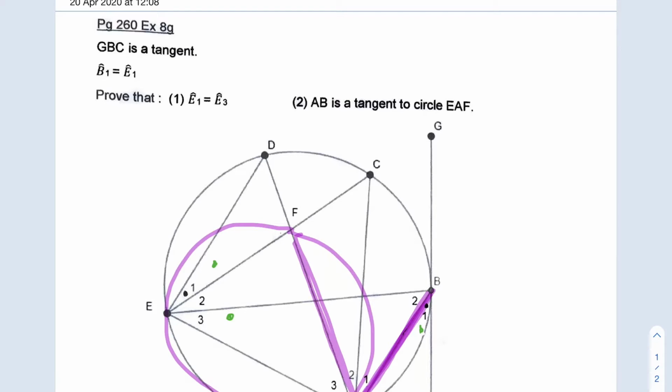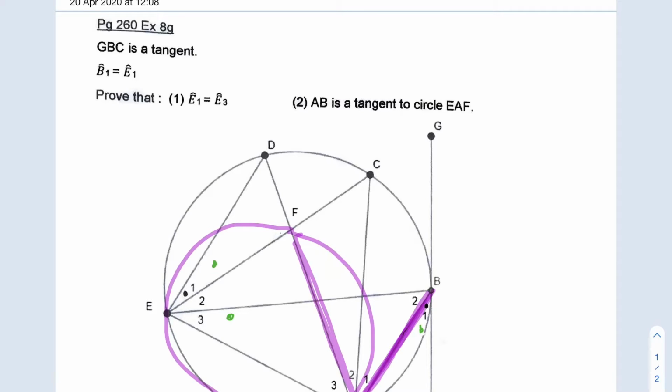So it's very useful to work out which angles we're actually trying to work with. There's no center here, so I can't use the converse of the radius 90-degree tangent theorem, but I can use the tan chord theorem and work with it backwards.